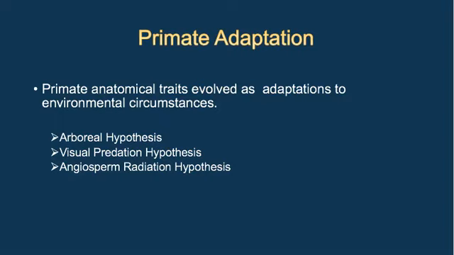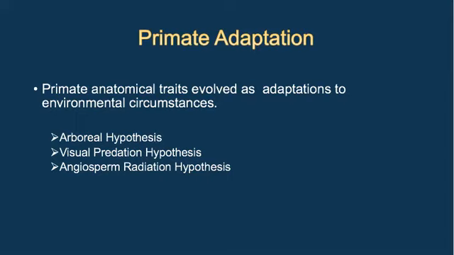The second, the visual predation hypothesis, holds basically that all of those things I just mentioned, the depth perception, the increased reliance on vision, the grasping hands, all of that kind of stuff are related to being visual predators. So being able to be hunters, essentially.